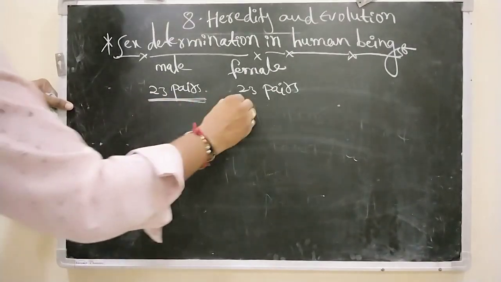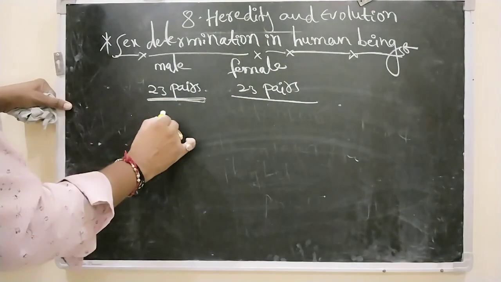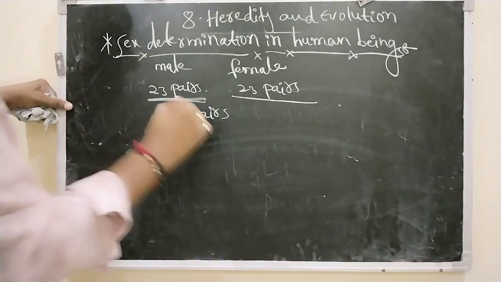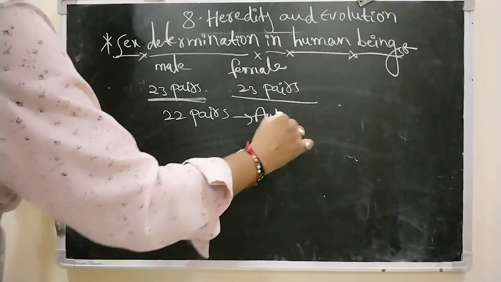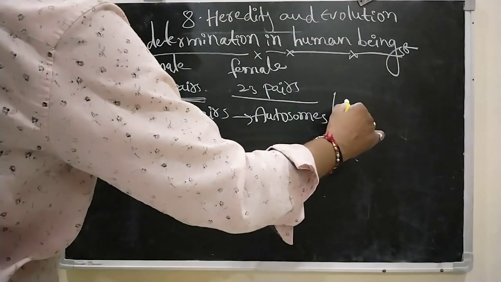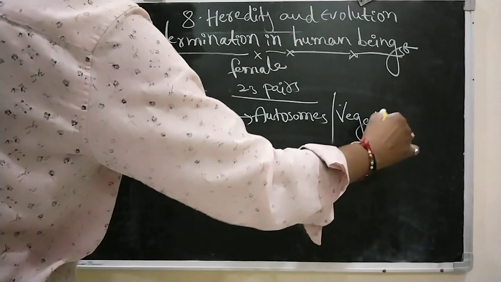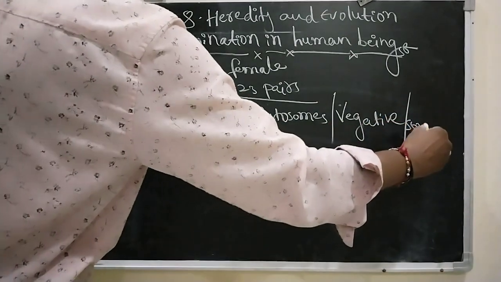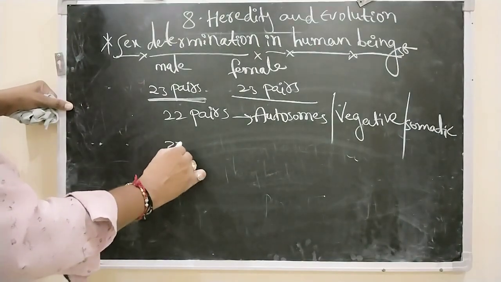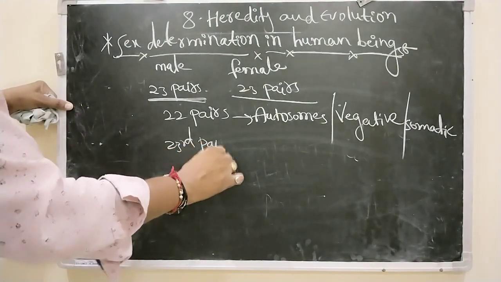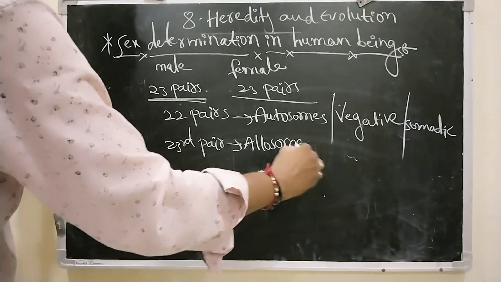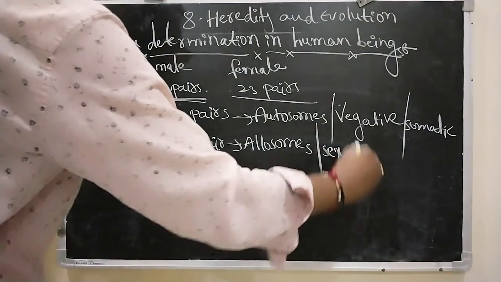Of these 23 pairs in both male and female, the first 22 pairs, which are structurally similar, are called autosomes. They are also called vegetative chromosomes or somatic chromosomes. The 23rd pair, the single pair, is called allosomes, or sex chromosomes, or reproductive chromosomes.